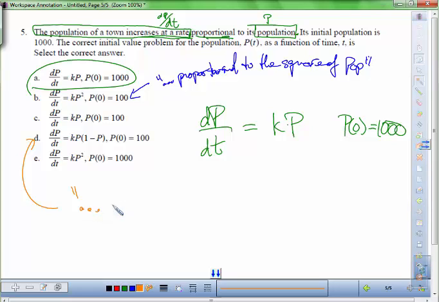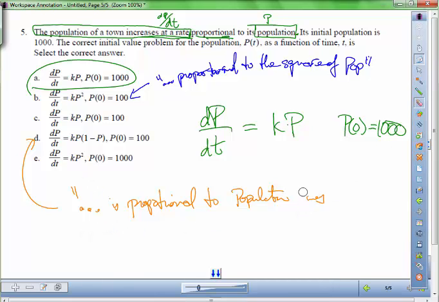It is proportional to what? It's proportional to the population. Population times, is it times? Proportional to.